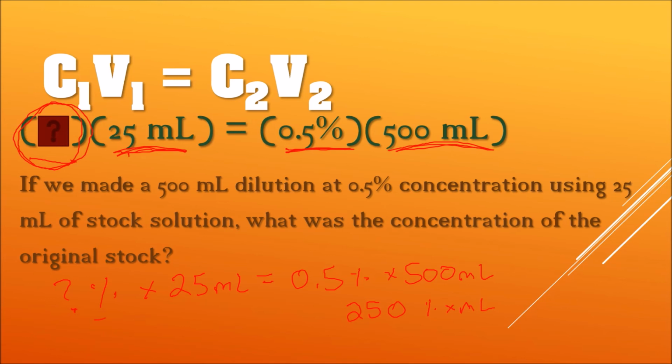And we don't know the left side, so we have to divide this whole thing by 25 mL, because what you do on one side, you have to do on the other side. The milliliters cancel out. And then 250 divided by 25 is 10, and the percent sign is left over, so you bring it over here. So that's 10%.